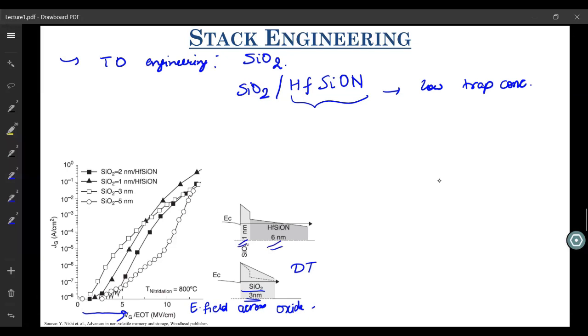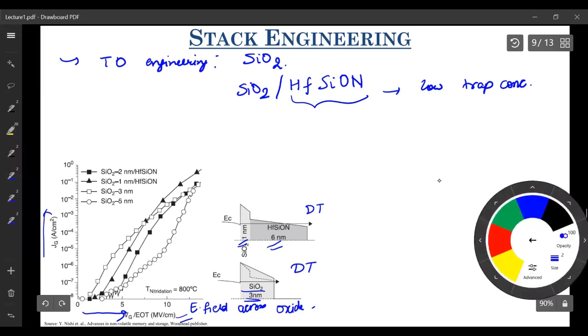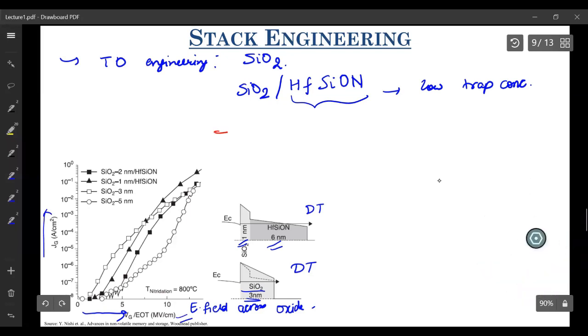Here also tunneling will be direct tunneling. Depending upon the field, they have plotted the tunneling current or the gate current. On the y-axis you have the tunneling current, and on the x-axis you have the oxide field, the tunnel oxide field.